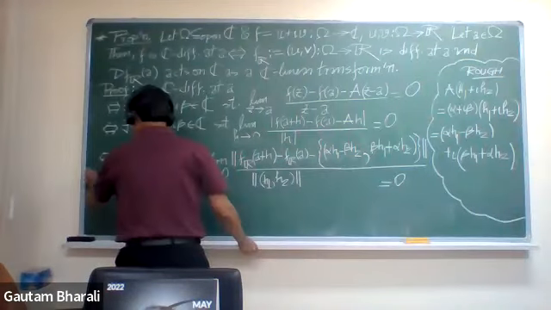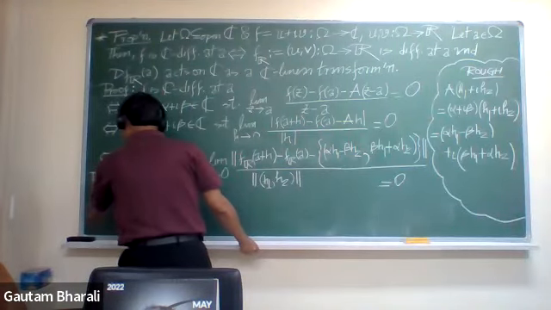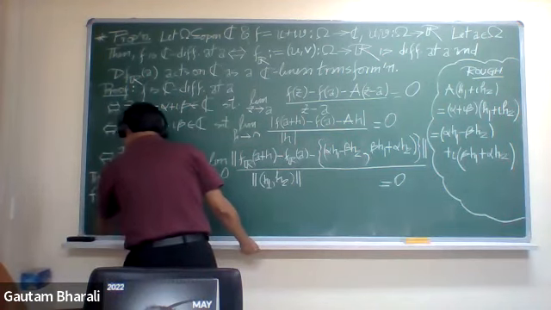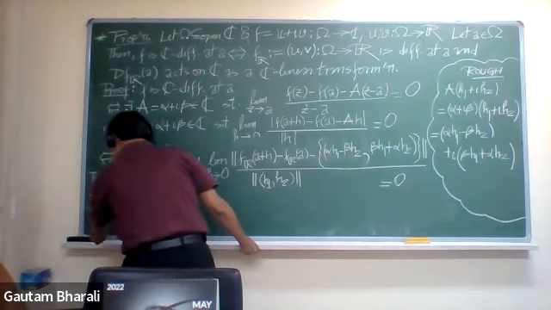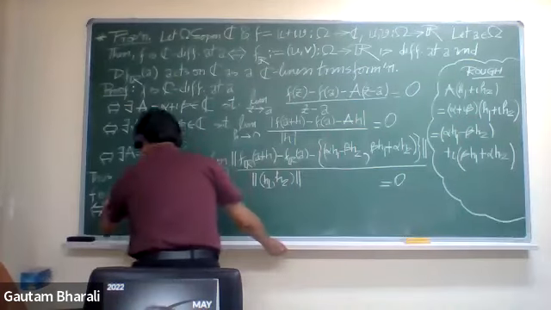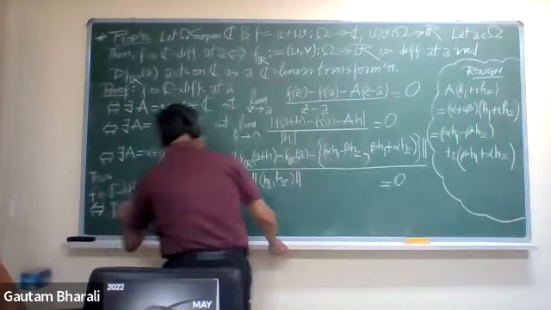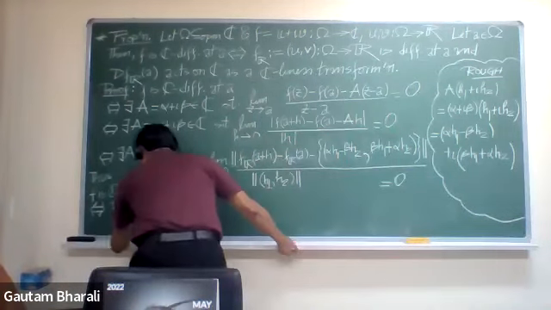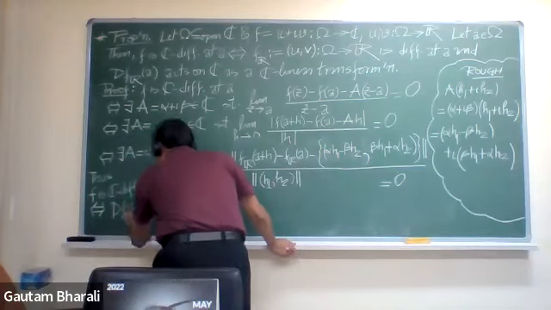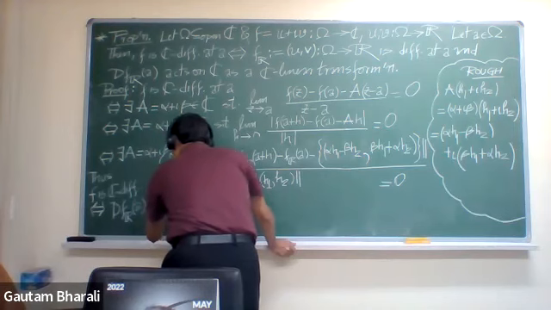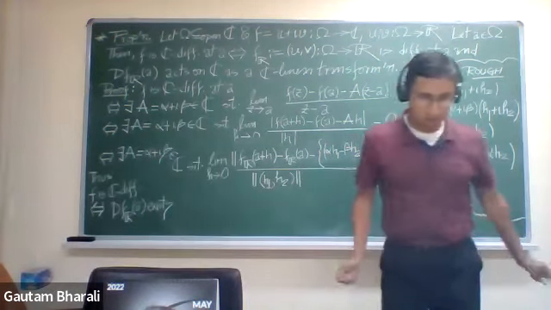So to summarize, thus, f is C differentiable if and only if the total derivative of this guy, the R2-valued map f of R at A, exists, right?